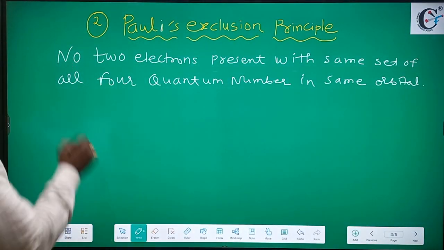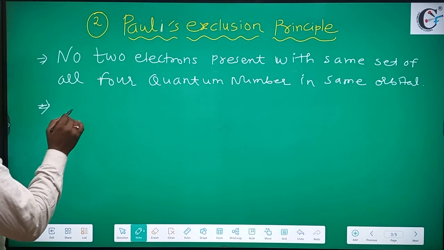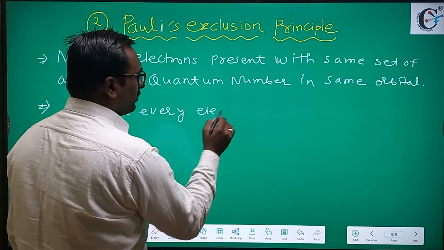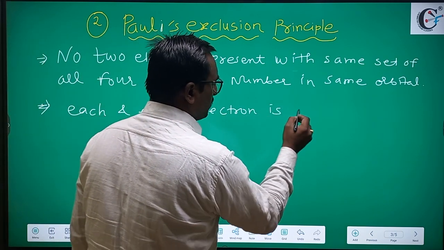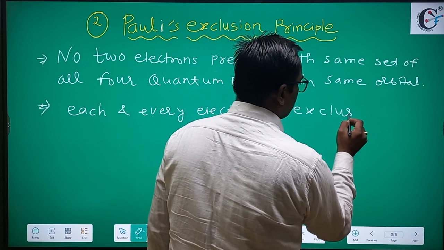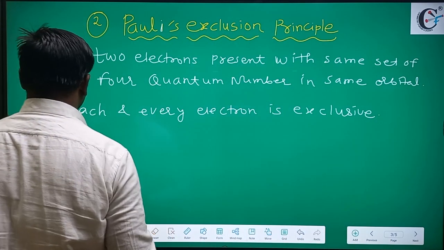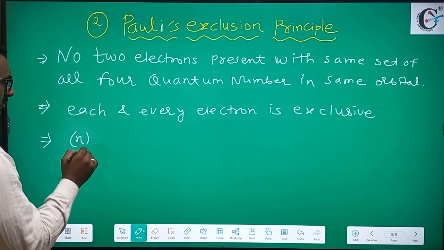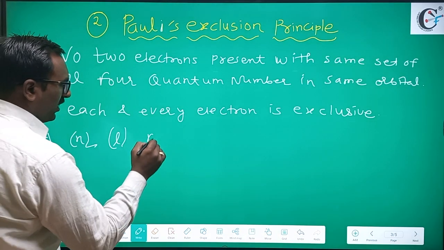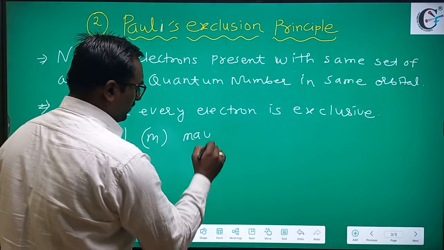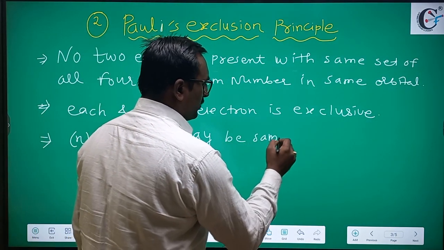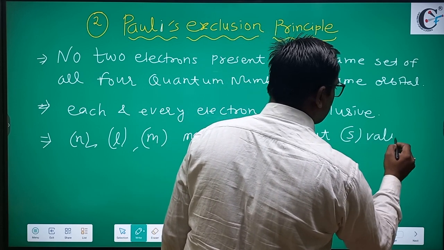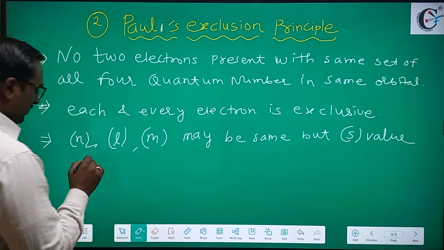Okay, it means that each and every electron is exclusive. Then third point: n value, l value and m value may be the same, but s value, that is spin quantum number, is always different.